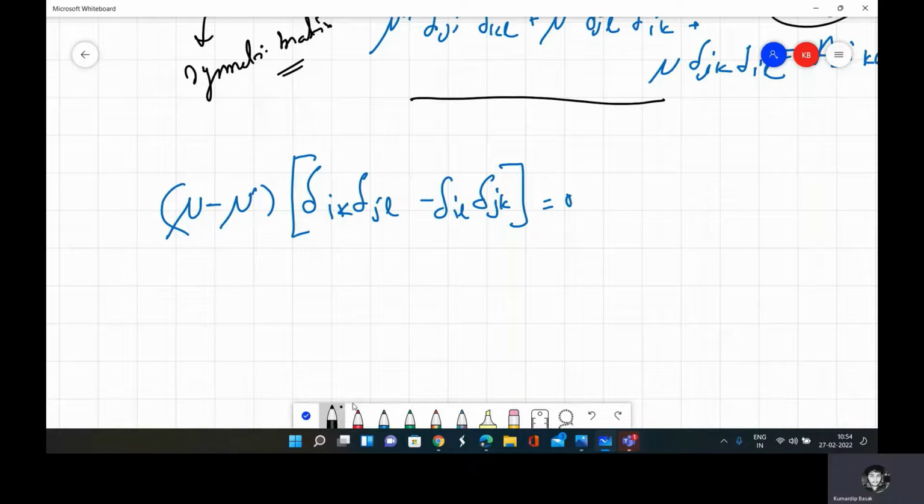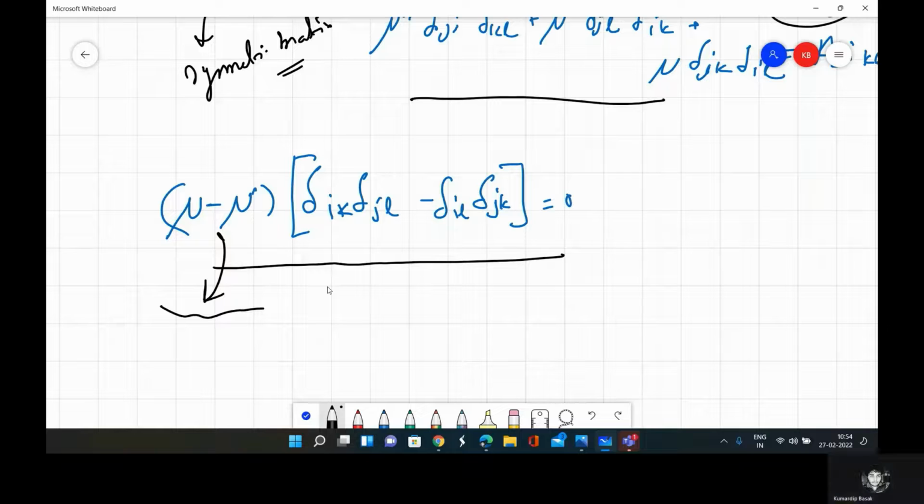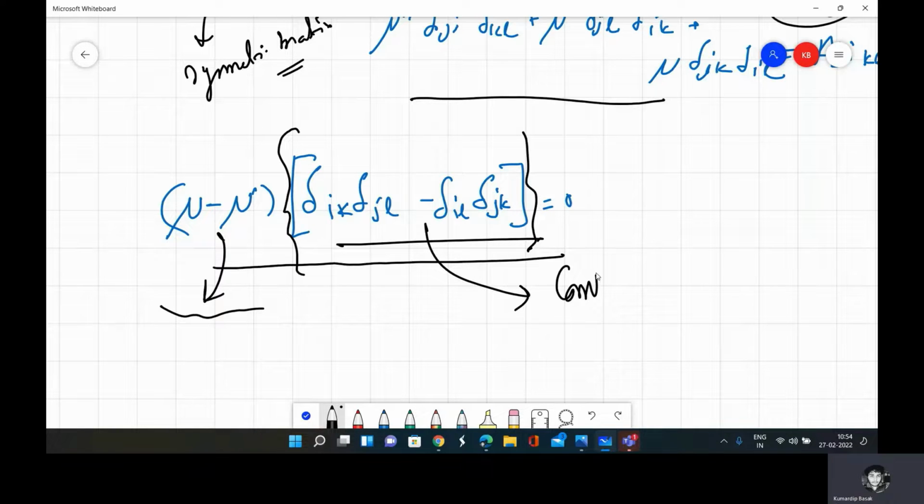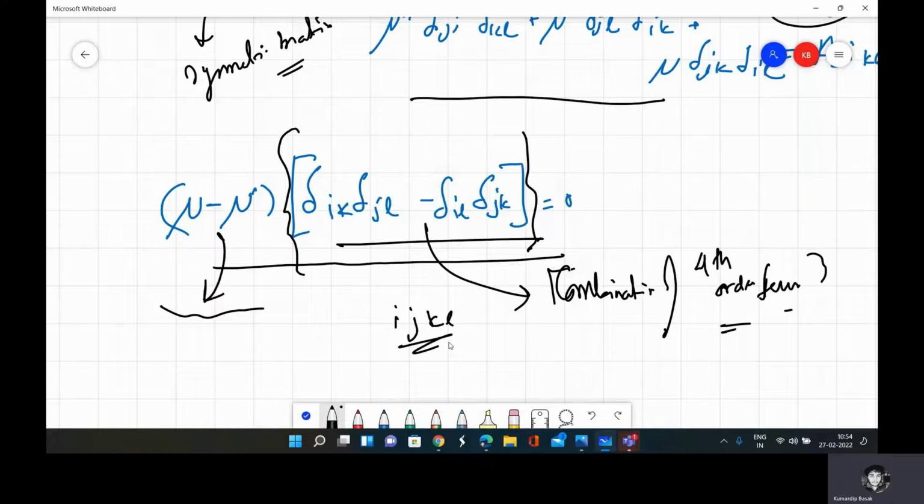Again, you have to understand the mathematical part of that. We have taken constants to add with the linear combination. But here what we have taken is a combination of fourth order tensors, which depend on four indices i, j, k and l.